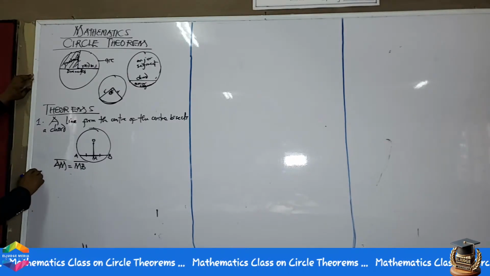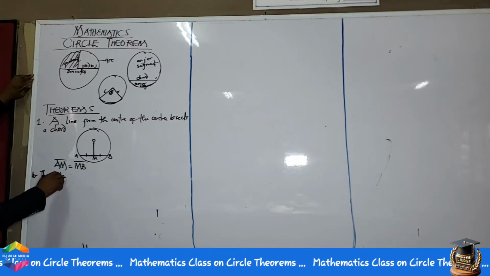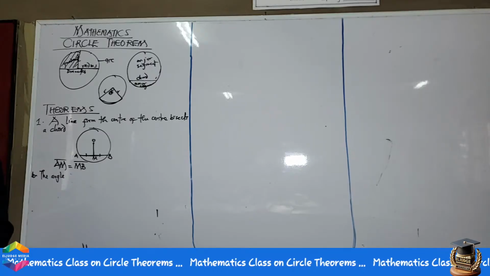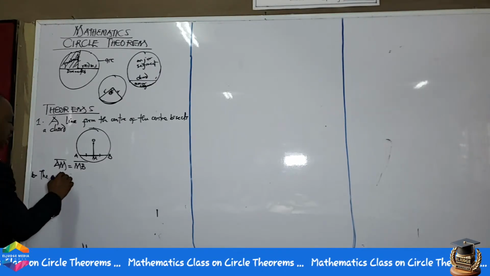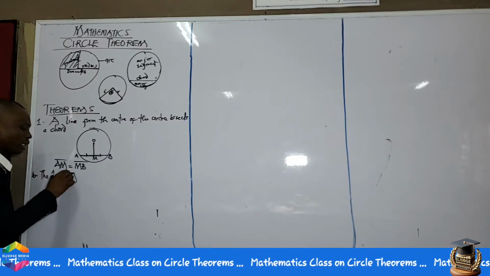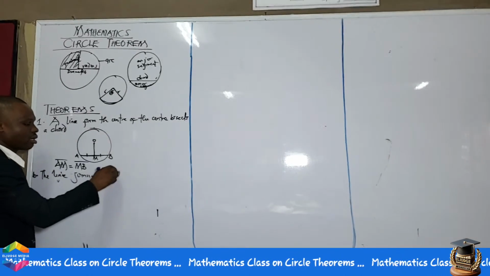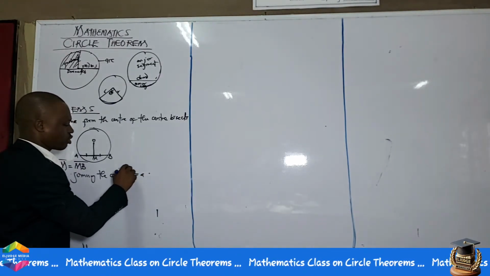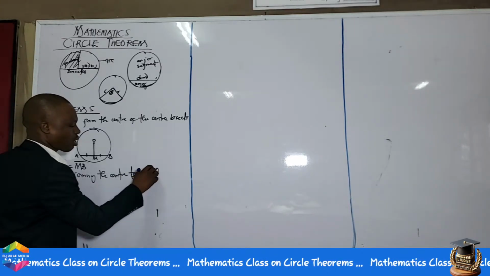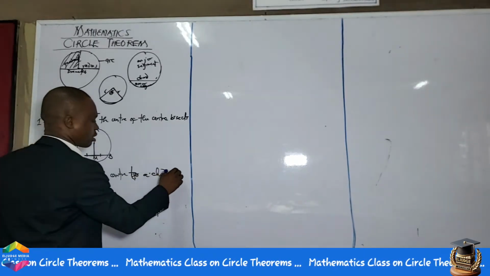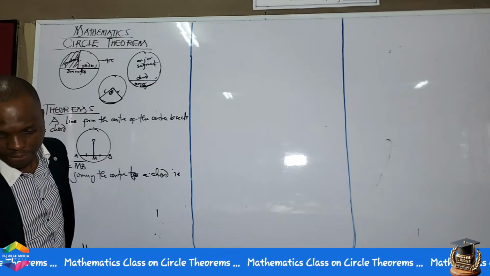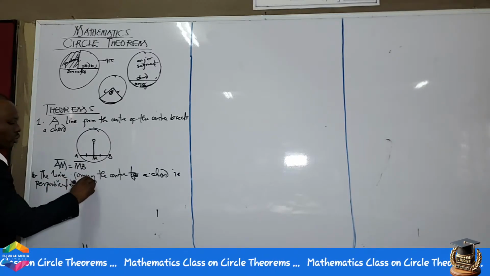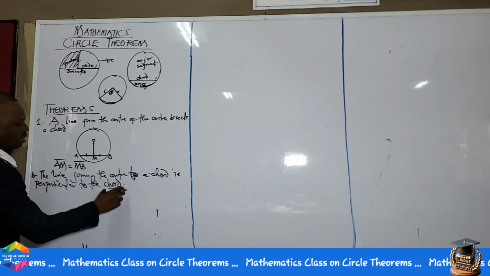So the B part of this: the line joining the center to a chord is perpendicular to the chord, that is, at 90 degrees.